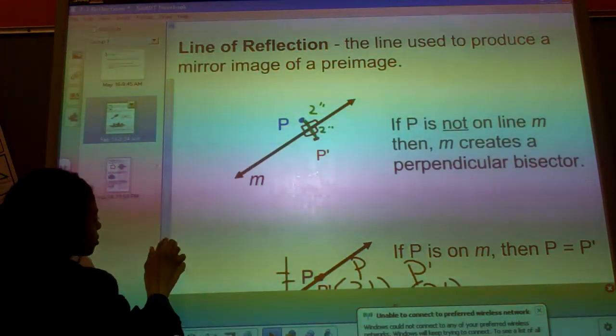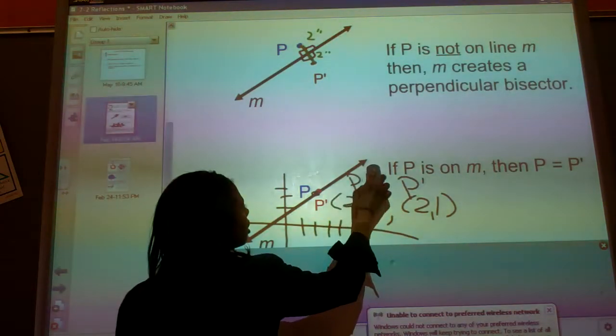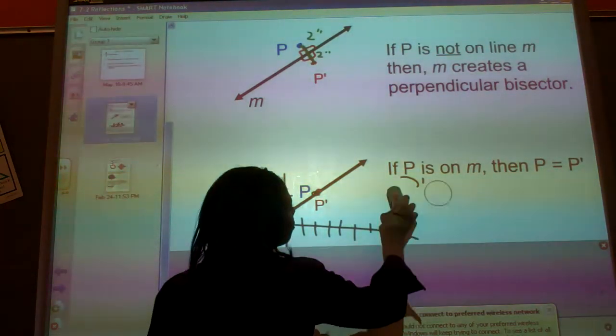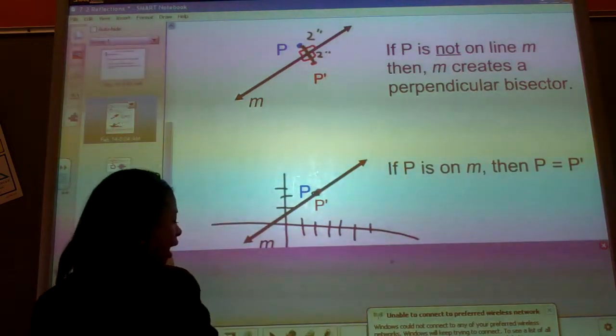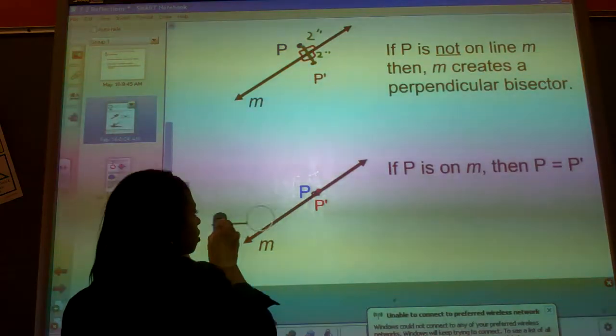Moving on. If P is on line M, what happens? Let's suppose here, and I'm going to erase some of this so you can see it a little more clearly.